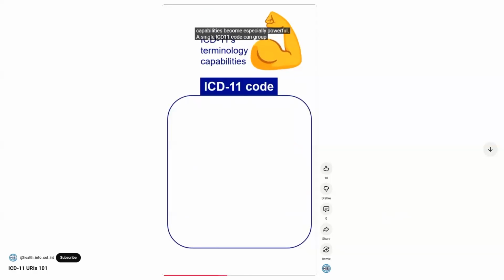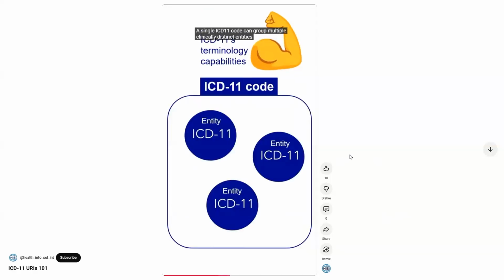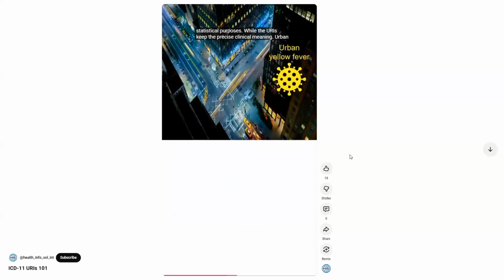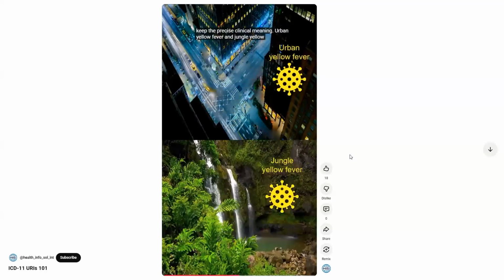This is where ICD-11's terminology capabilities become especially powerful. A single ICD-11 code can group multiple clinically distinct entities for statistical purposes, while the URIs keep the precise clinical meaning. Urban yellow fever and jungle yellow fever differ in transmission. They are two distinct clinical concepts.